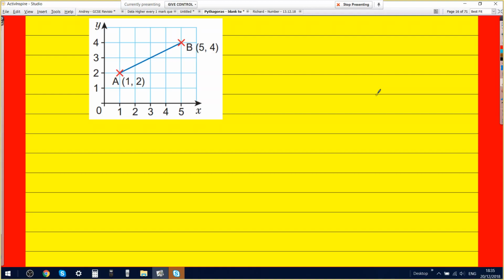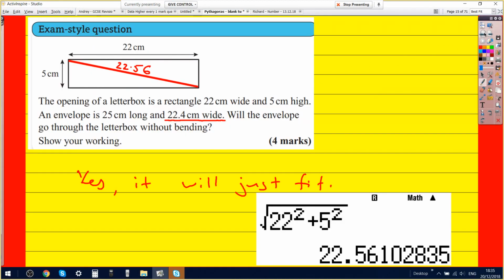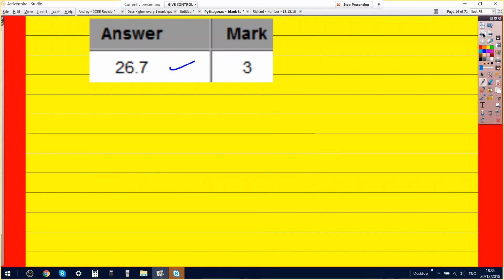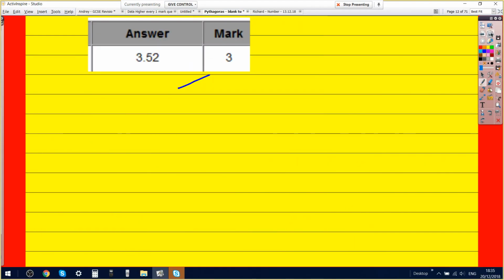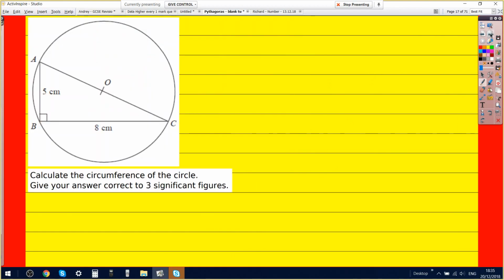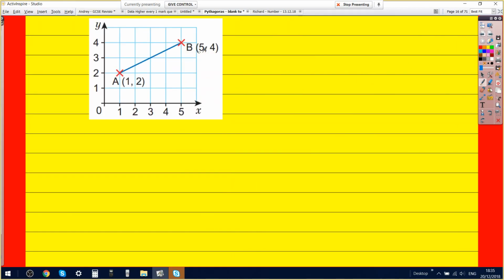Measure it somehow. It's a diagonal line. We have, for all of these, Pythagoras is always a method for finding the length of a diagonal line. All of these are diagonal lines. Is there any way we could use Pythagoras to find the length of this line?